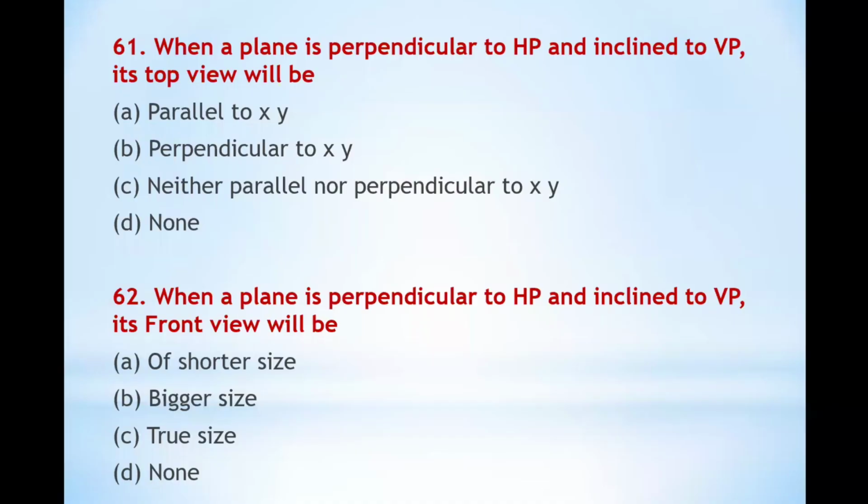Okay, so let us continue. The 61st. When a plane is perpendicular to HP and inclined to VP, then its top view will be. Let me draw the sketch here. How will its front view and top view be? So let us see.